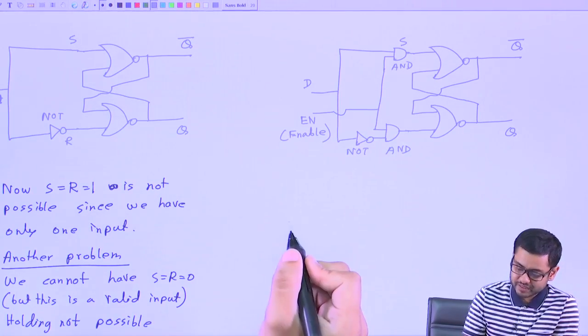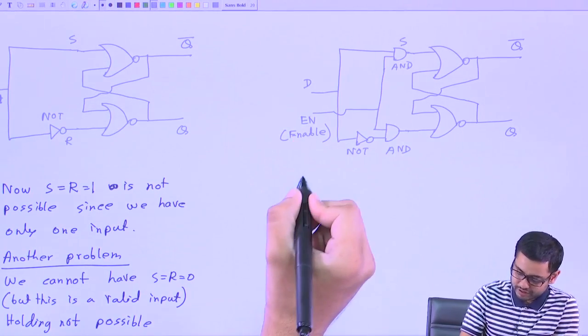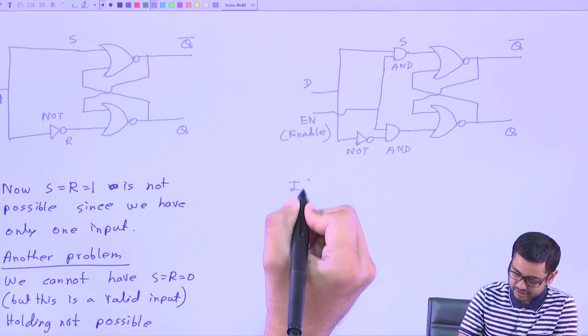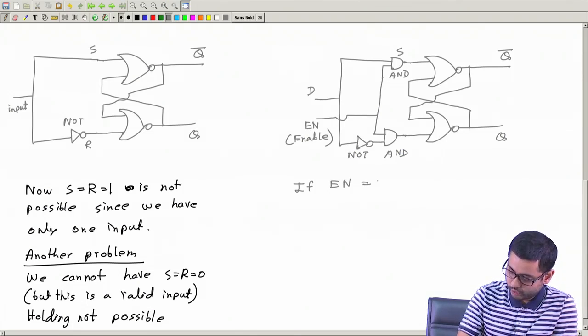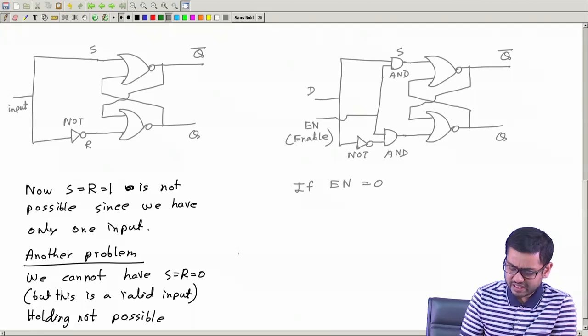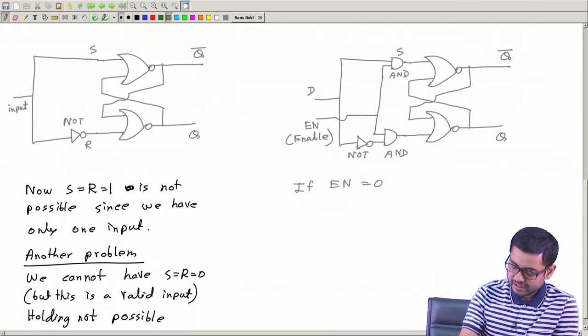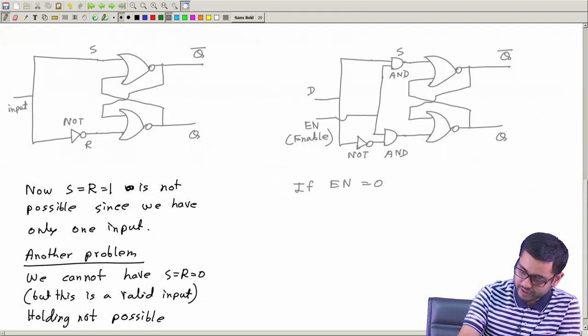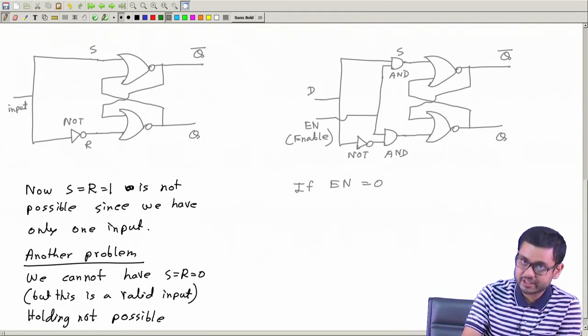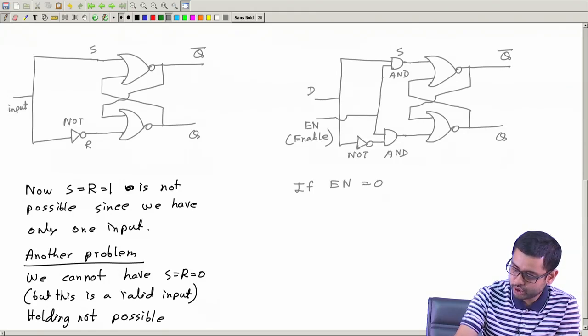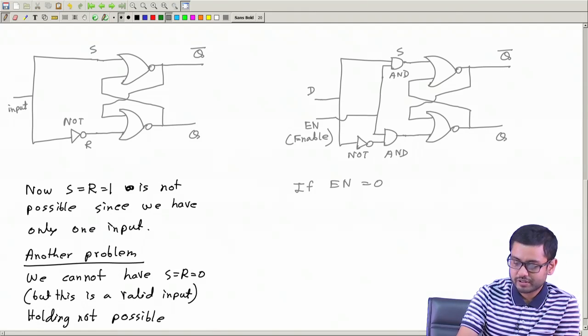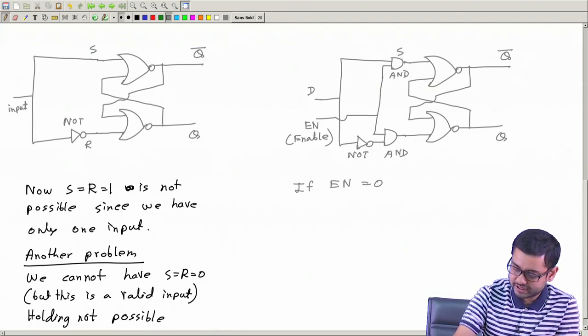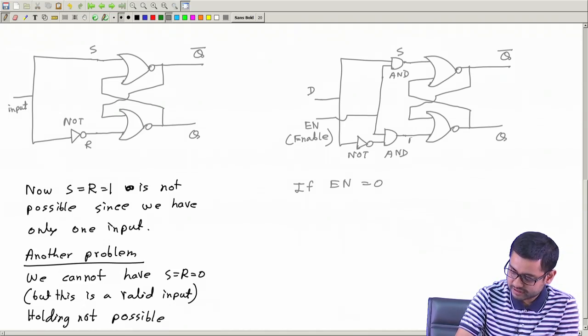What does it do? If enable is 0, let's see, if En is equal to 0, then what happens? This 0 goes here and here. Now no matter what this value is, that means no matter whatever the value of D is, I will have 0 and 0 here, at set and reset. This is set, this is reset.